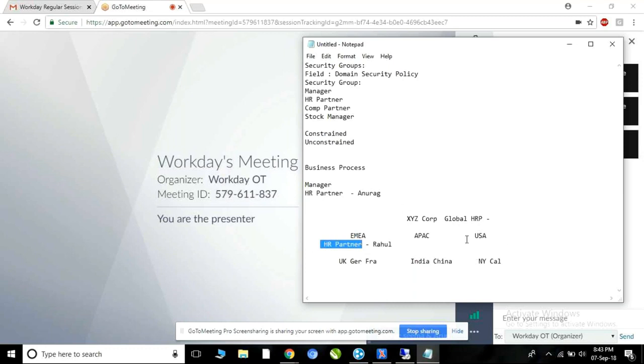Somebody who is hired in USA can also take up the HR partner role of EMEA. He doesn't need to be in the EMEA organization. He can be from anywhere, but can take up the role of HR partner. If a USA employee is the HR partner for EMEA, he'll be able to access EMEA, UK, Germany, and France. But he will not be able to access USA or New York or California, because here he's not assigned that HR partner role.